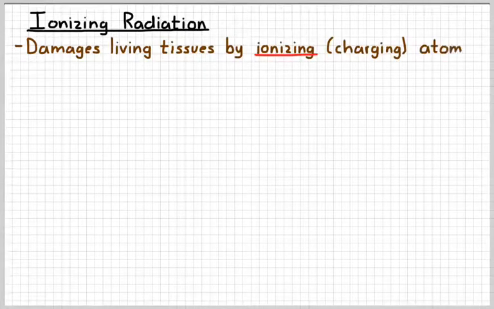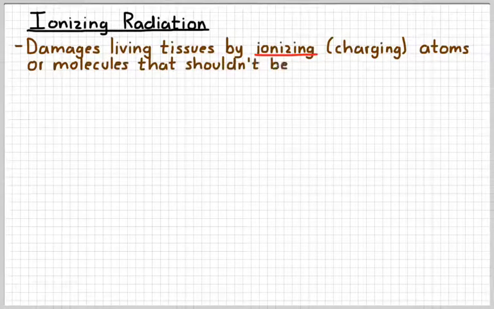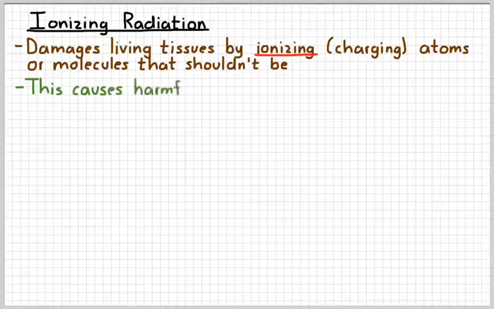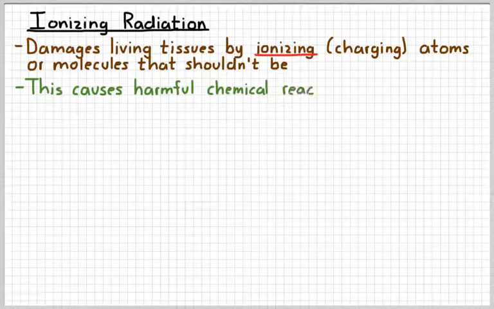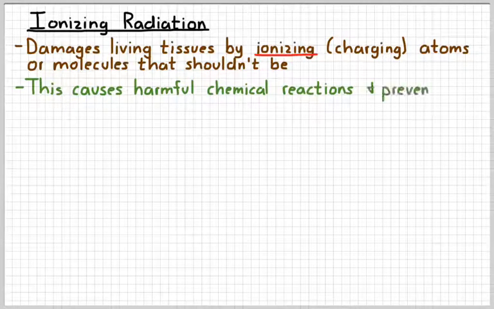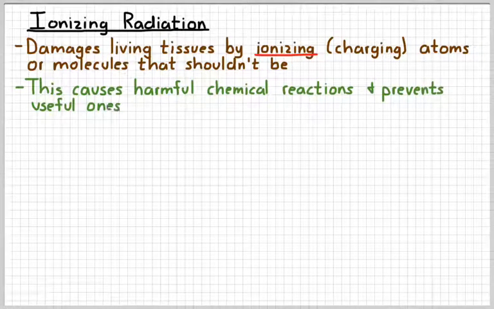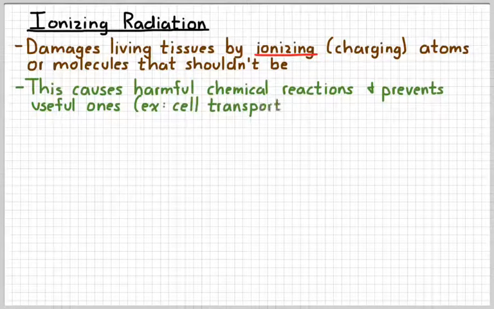This can damage living tissue, like your living tissue, by charging atoms or molecules that should not be charged. And that can have two effects. It can cause harmful chemical reactions, or it can prevent useful chemical reactions from occurring. A real common example would be in cellular transportation, how stuff gets in and out of your cells.